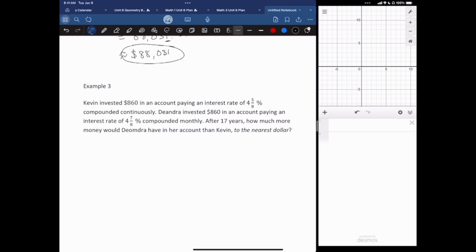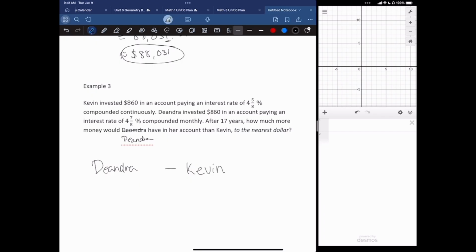After 17 years, how much more money would Deandra have in her account than Kevin, to the nearest dollar? Basically we're doing our Deandra total minus our Kevin total.